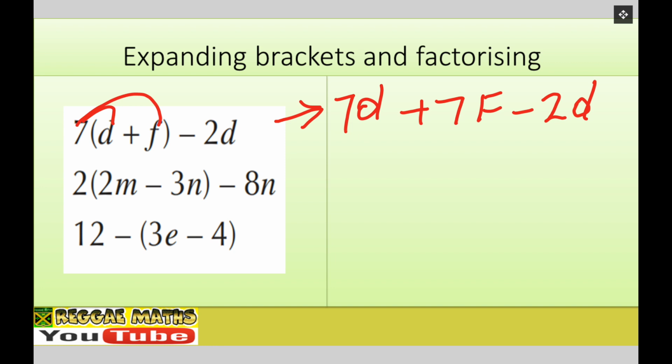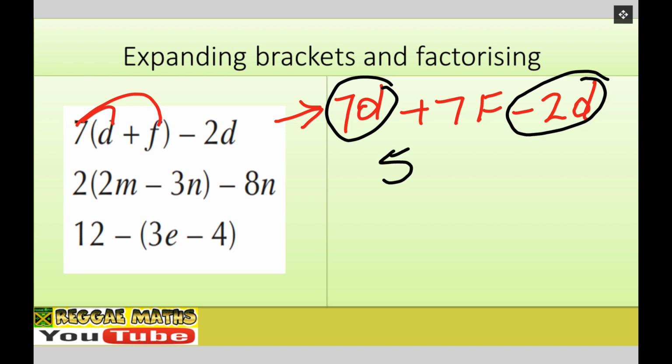So like terms here is 7d minus 2d. So 2 from 7, that's 5d plus 7f.